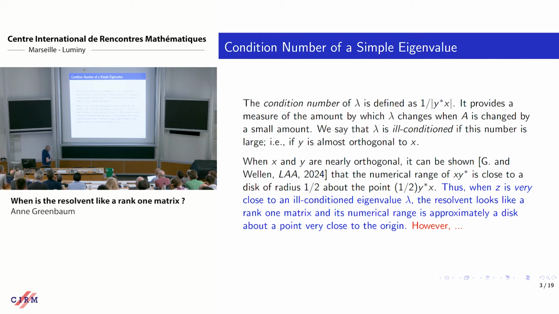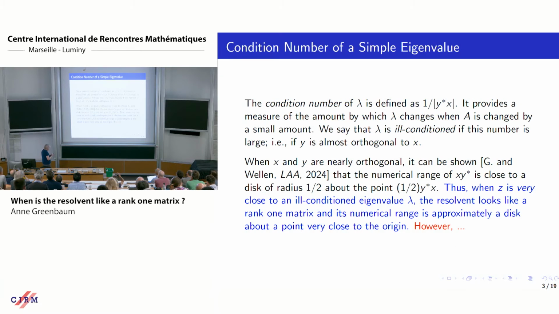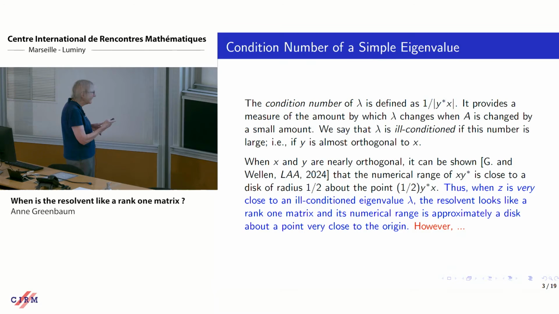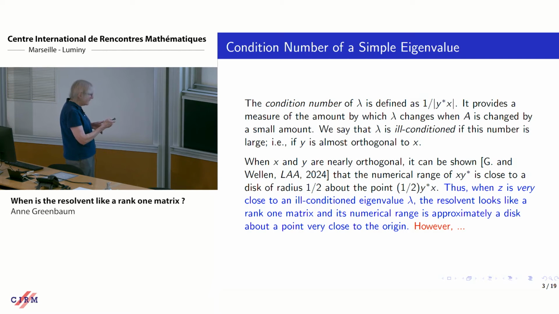If x and y were truly orthogonal, the numerical range of the matrix x y star would be unitarily similar to a 2 by 2 Jordan block followed by zeros.